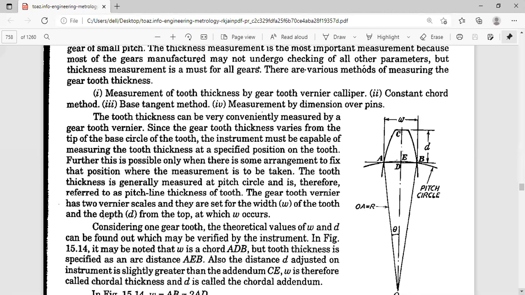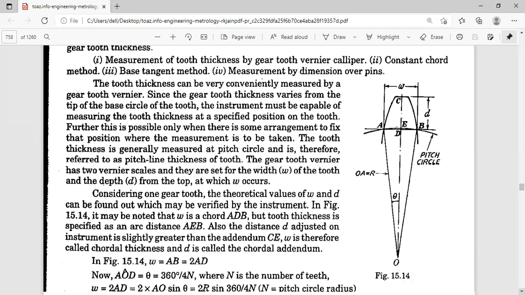So this particular distance is adjusted on the instrument. How do you adjust that on the instrument? It should be greater than, what is CE here? CE is nothing but the addendum, the radial height from the tip of the tooth to the pitch circle. So you have to adjust that particular distance, D or H. So here it is D. We'll just say D, and afterwards according to your convenience we can put H also.